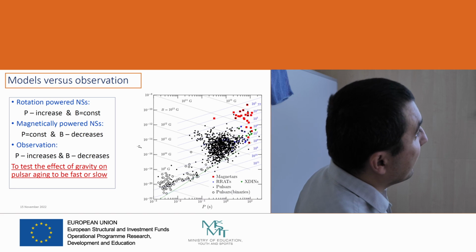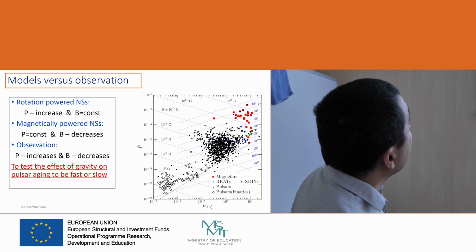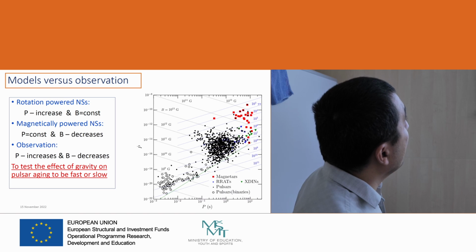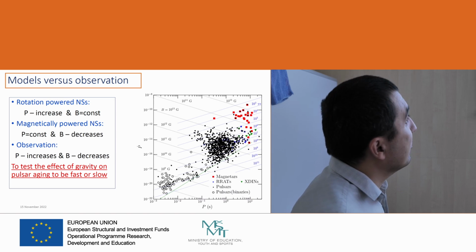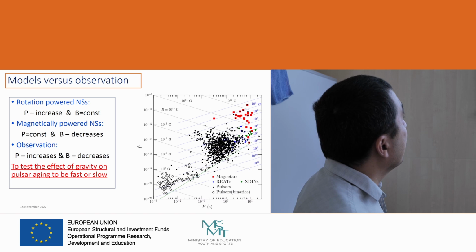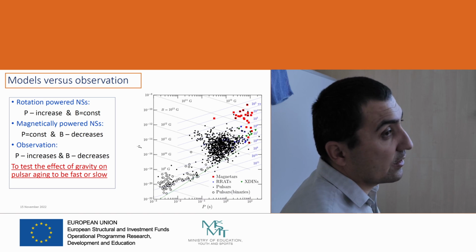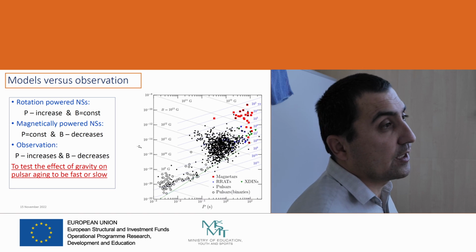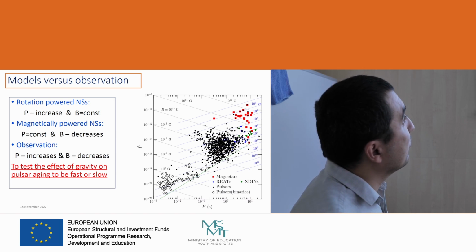And as we told here, actually for rotation powered pulsars, the period should increase as they slow down, and the magnetic field does not play a role in the energetic source of neutron stars. It should be constant.